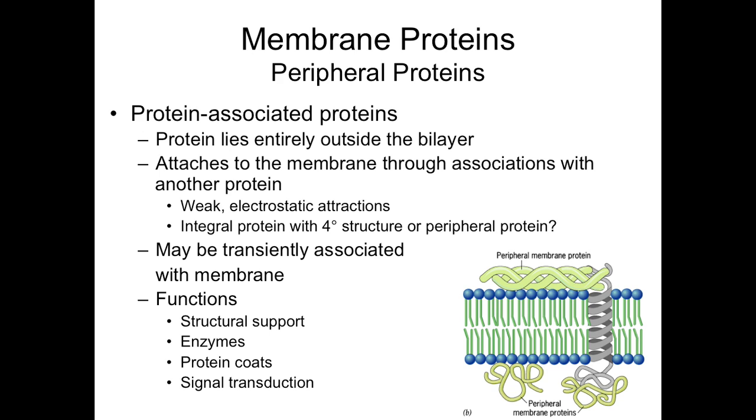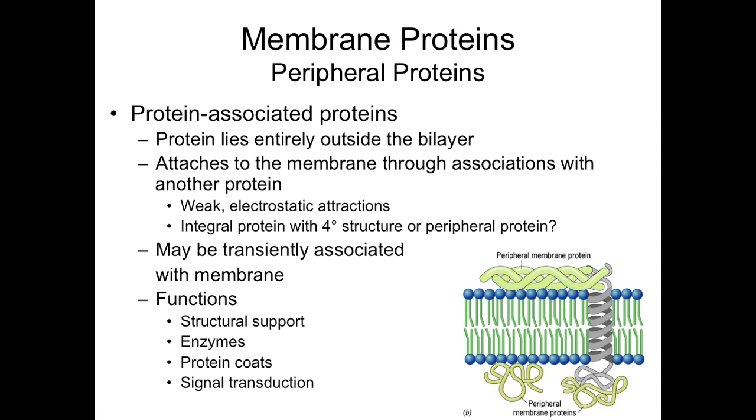Some functions of peripheral proteins might be cell cortex proteins for structural support, or things like collagen, which are in the extracellular matrix. Enzymes might be scaffolding, the cell might be scaffolding biochemical reactions, and so they might be holding an enzyme at the cell membrane.